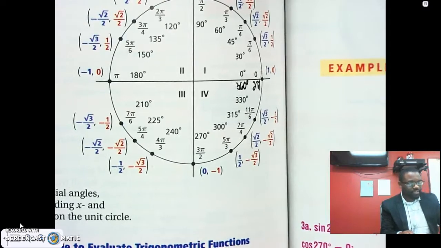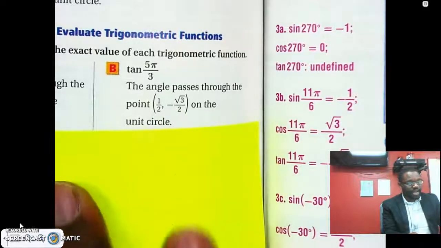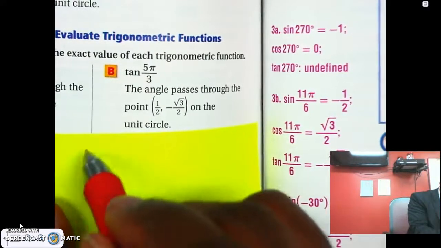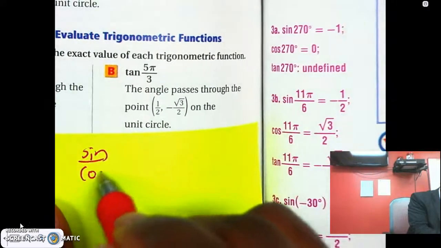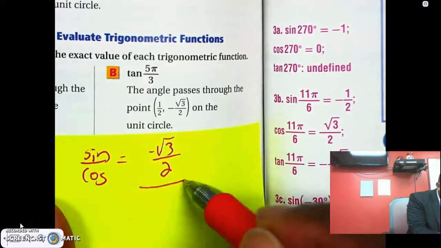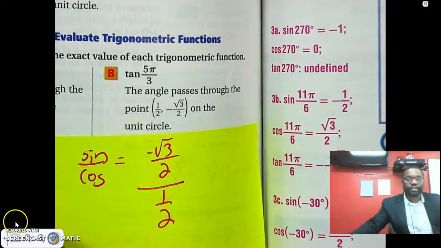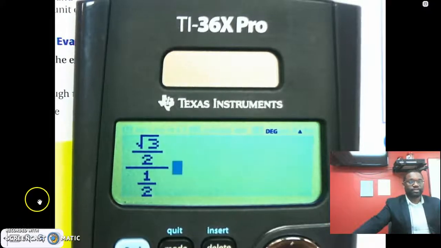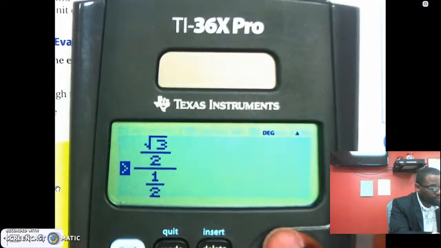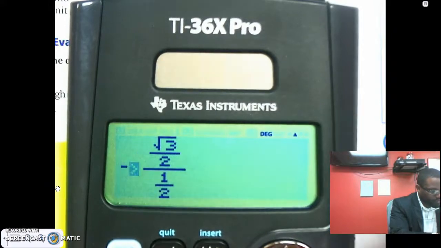So in order for me to find a tangent based on these two that were given, what I have to do is sine over cosine, which equals negative square root of 3 over 2 divided by 1 over 2. Now, how do you work that? Let's just put it in the calculator. All right, so you can actually put this in your calculator, and notice I left off the negative up here. So I'm going to just put a negative in there.